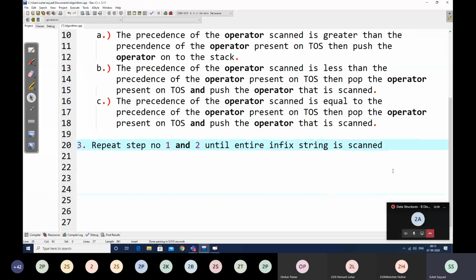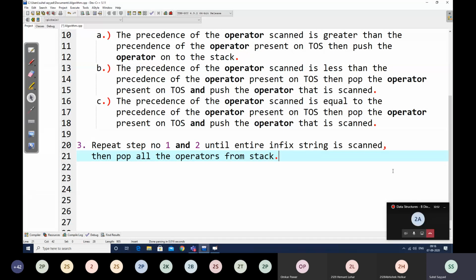Once it is finished, then pop all the operators from stack. This third step is what I used to do in the earlier examples also. Once your entire input string is scanned, we pop all the operators which are remaining on the stack as of now, and they will be outputted to your output string.